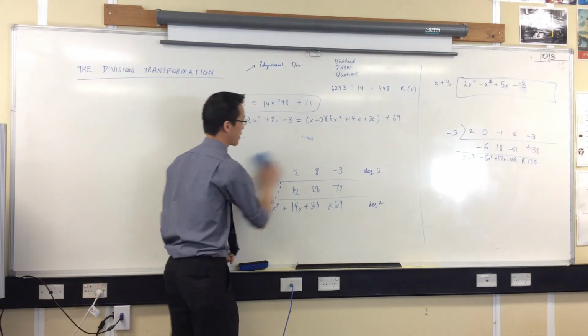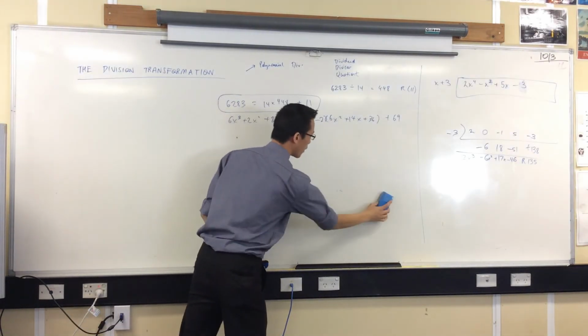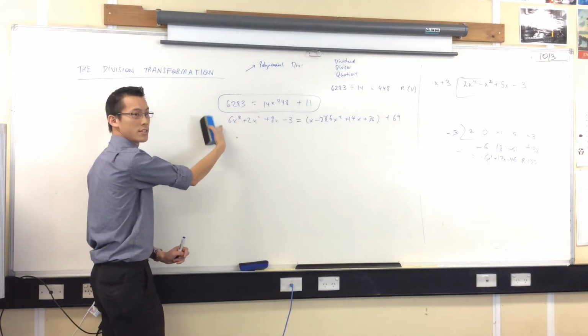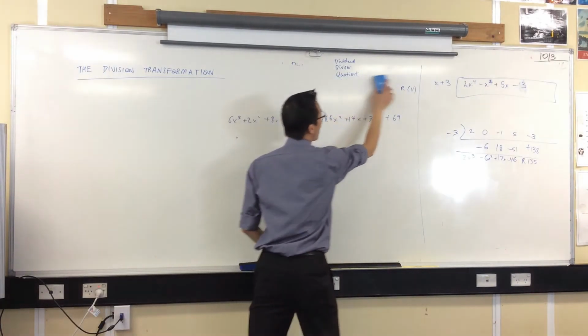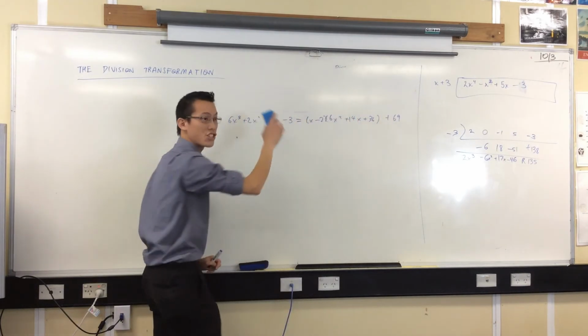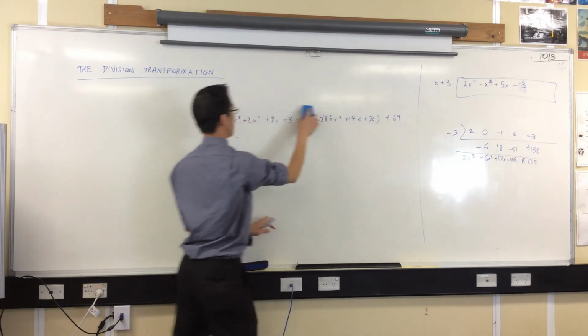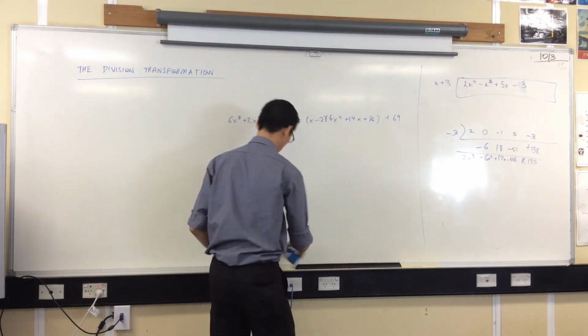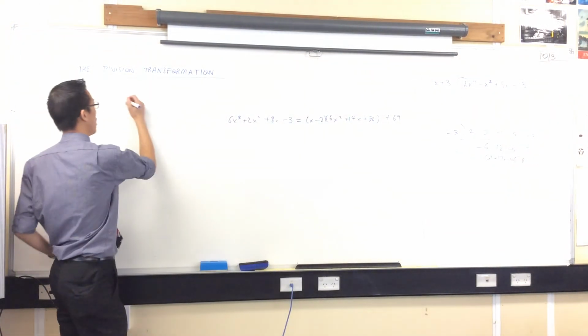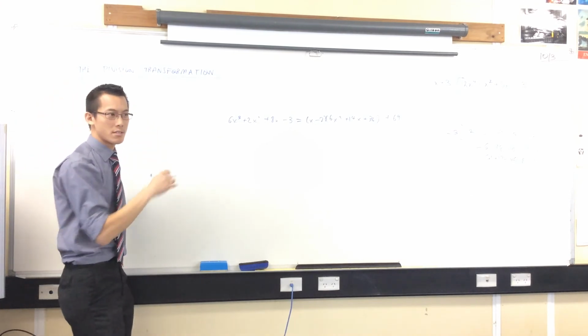Okay, so it comes from the factor theorem. I want us to look at this division transformation here, and think about it in general terms. So now you can call this the remainder theorem.